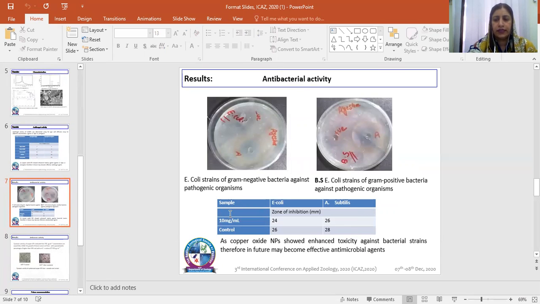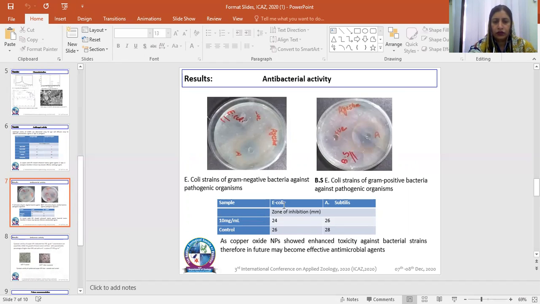Antibacterial activity of the synthesized copper oxide nanoparticles was done using both gram-negative and gram-positive bacteria: E. coli, the gram-negative bacteria, and Bacillus subtilis, the gram-positive bacteria. Both of these bacteria showed good zone of inhibition at different concentrations, with a concentration of 10 milligram per ml of the synthesized copper nanoparticles.